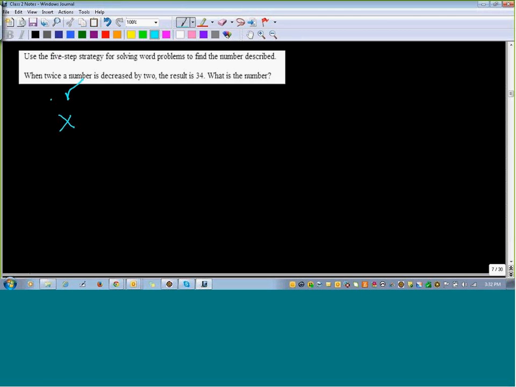So twice a number decreased by 2. Your whole equation is basically written in this math language, right? The number decreased by 2, it's right here. So don't get confused because it's a word problem and seems horrible or hard. No, it's just translated into words.